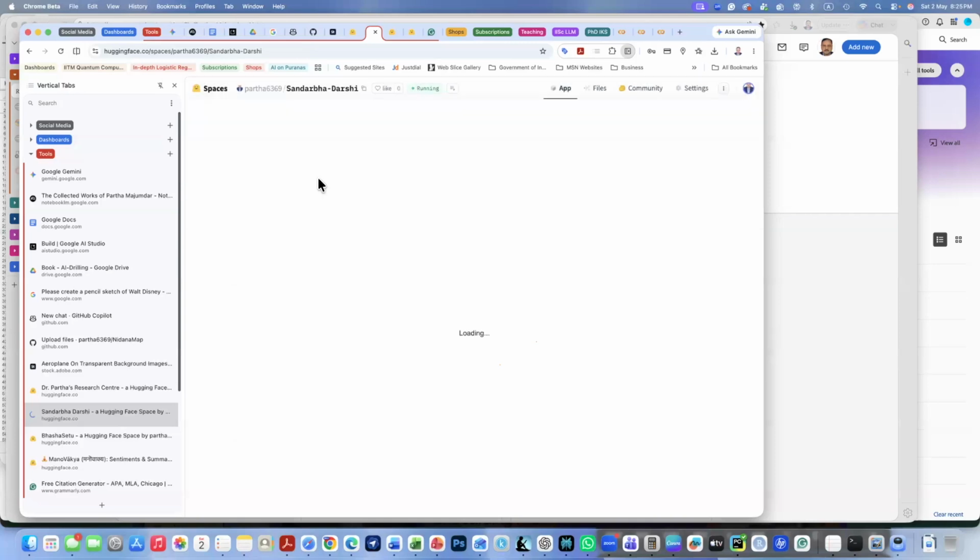Yeah, it is loading. It is fetching the news. That is why it is taking time. Not Reuters, RSS. It's taking a lot of time.